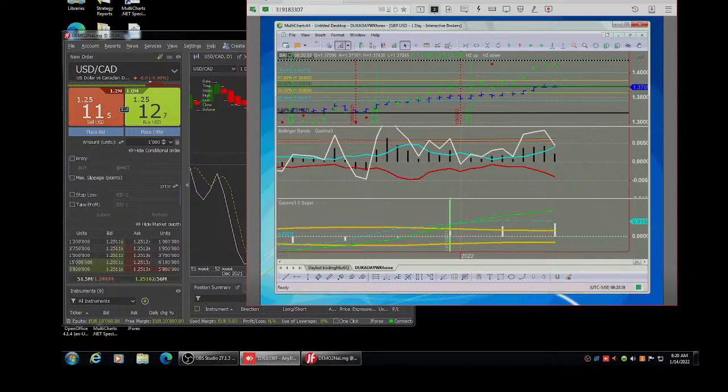Let me do that again: euro, cable, yen, Canadian, Swiss, and kroner. Okay, they were the majors, and then the Australian against the dollar slid in behind that, and then that type of thing.